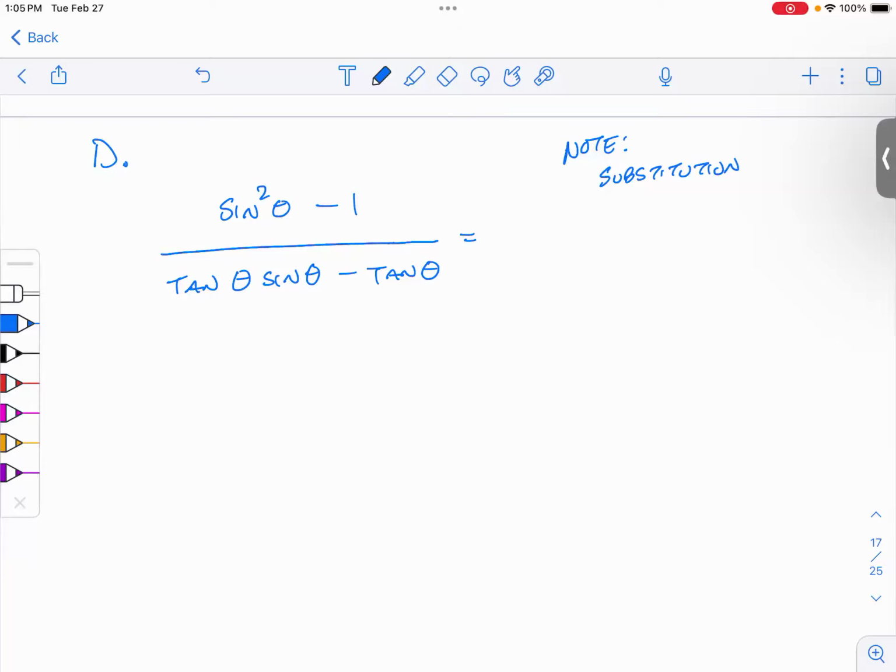Not everyone can see that, oh my gosh, maybe I should pull a tangent out or something like that. So let's just do something easy. Let x equal sine theta and let y equal tan theta. We only have sine and tangent here. So now notice what this becomes.